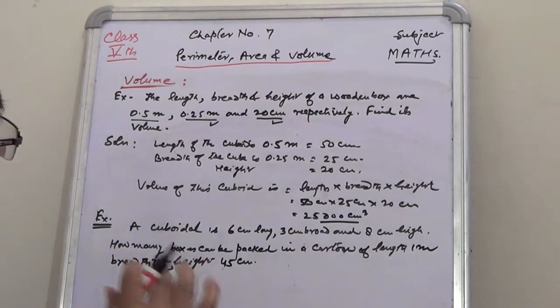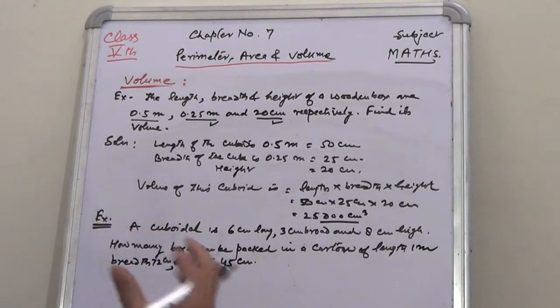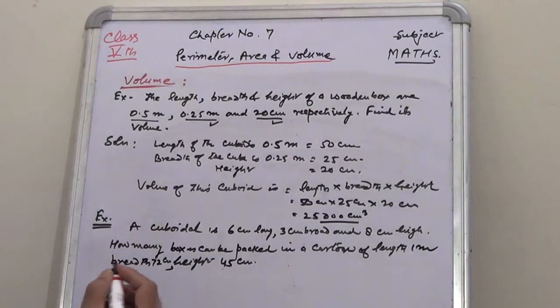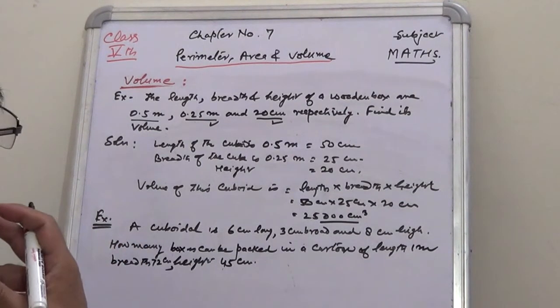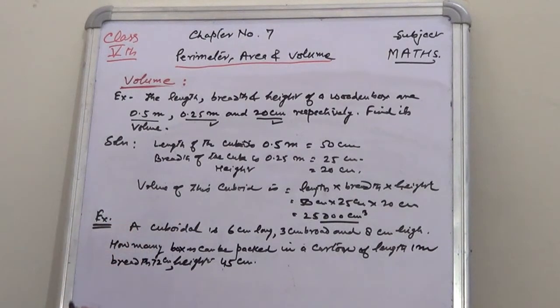Children, this problem relates to the problem you learnt in the area section, where you were fitting tiles into a room. Tiles were fitted in the area of the room. Similarly, in this problem we have to fit the small boxes into a big carton.